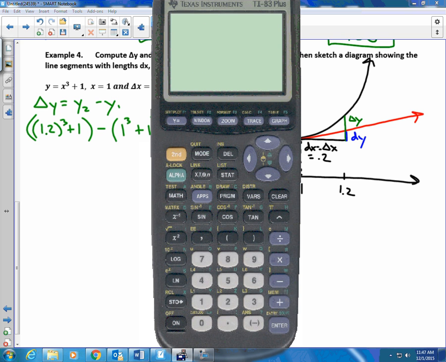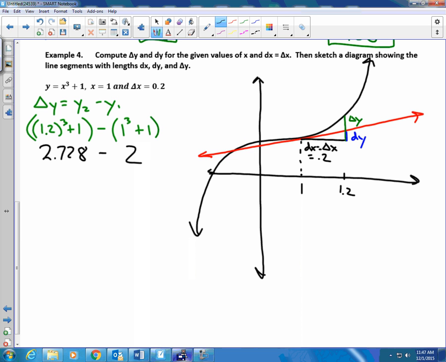I plug in the x2 value to come up with y2. Okay, so we get 1.2 to the third plus 1. Now I get 2.728, minus 2. And so we get 0.728. So that's the length of the green segment there.